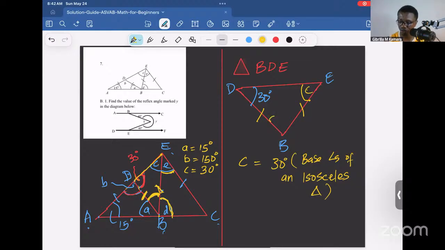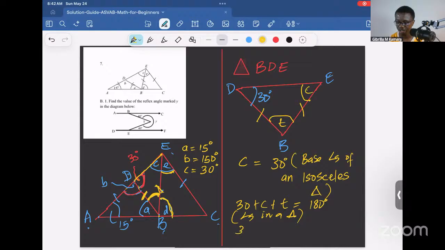So if we need this one, let's say this is T. So we know 30 plus C plus T is equals to 180 degrees. Why? Because of the sum of angles in a triangle. We already know C as 30 as well.